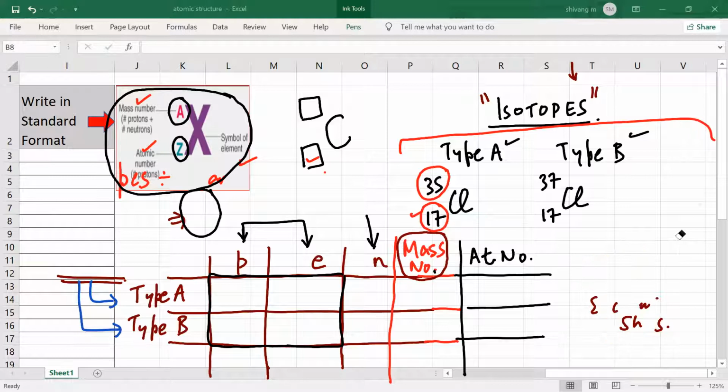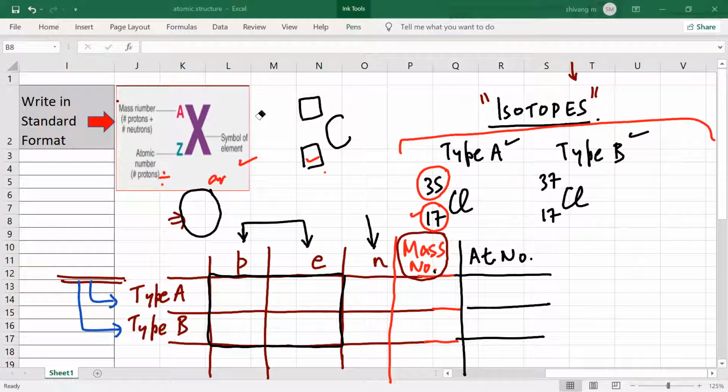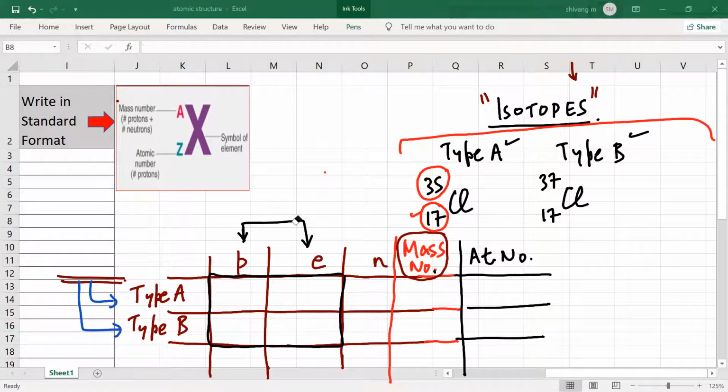Same question would be asked in 9th class, same would be asked in 10th class. That is why it is a pretty simple topic if you understand the logic. Once you have understood the logic, it's pretty simple. But if you don't understand the logic, it becomes very difficult.